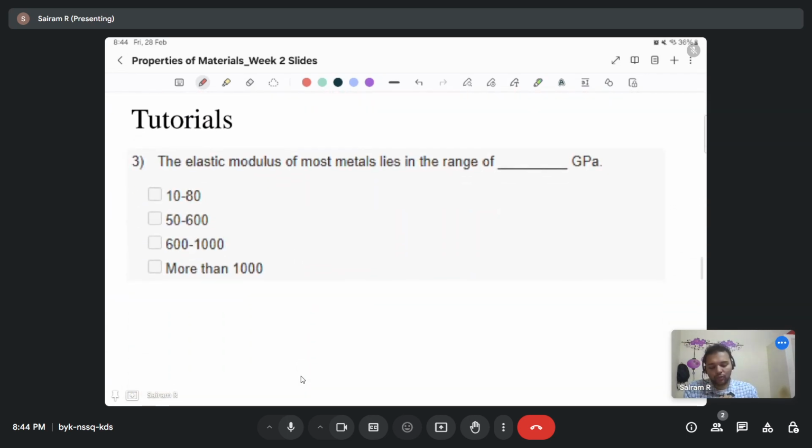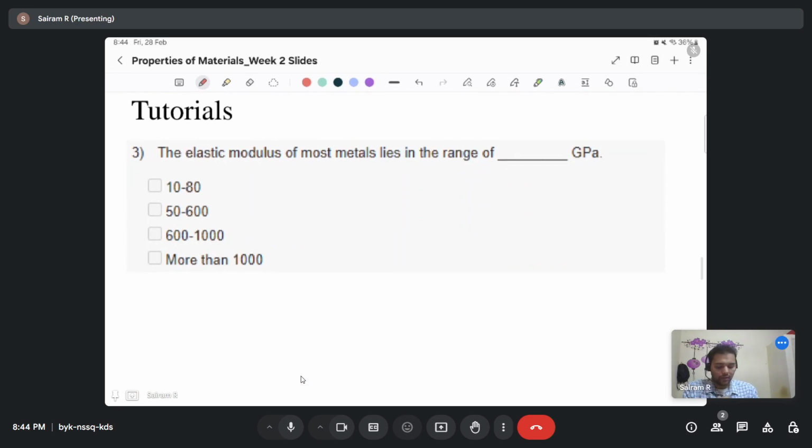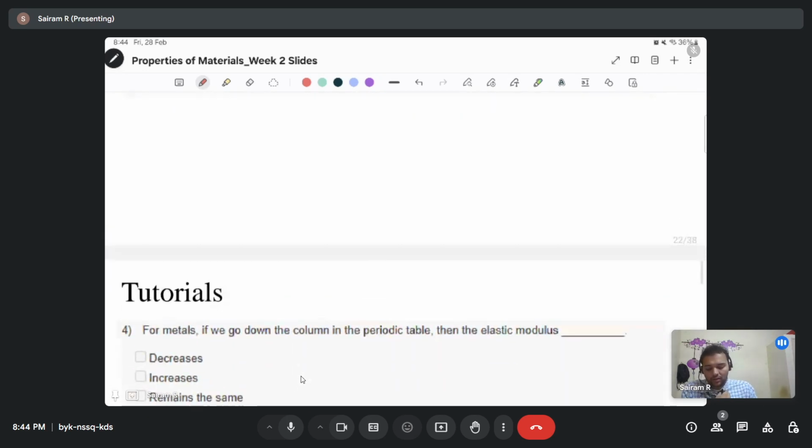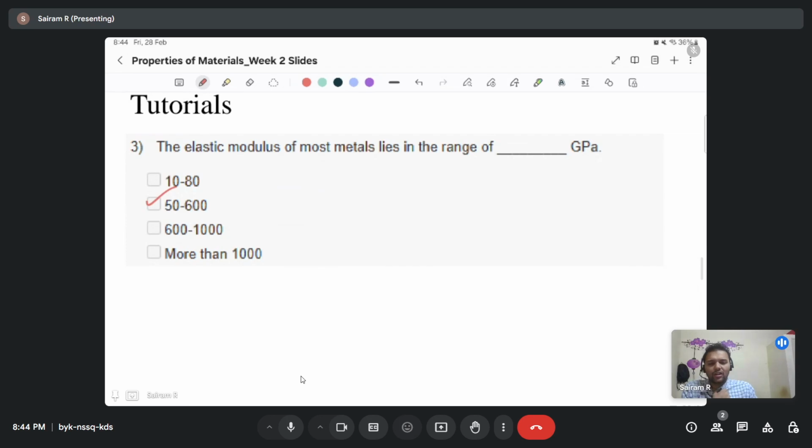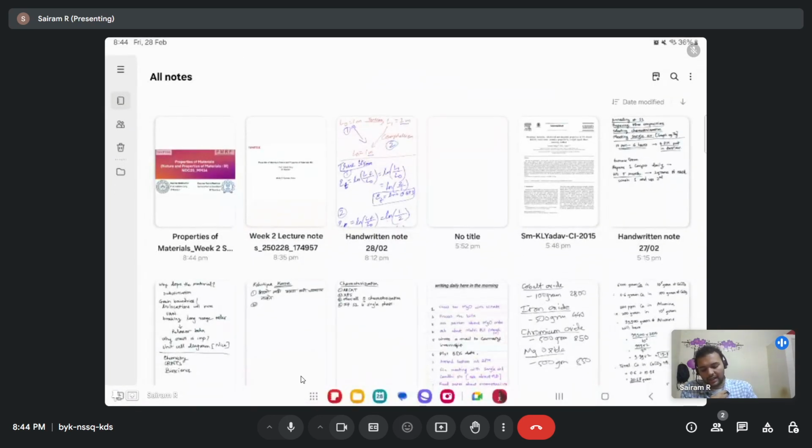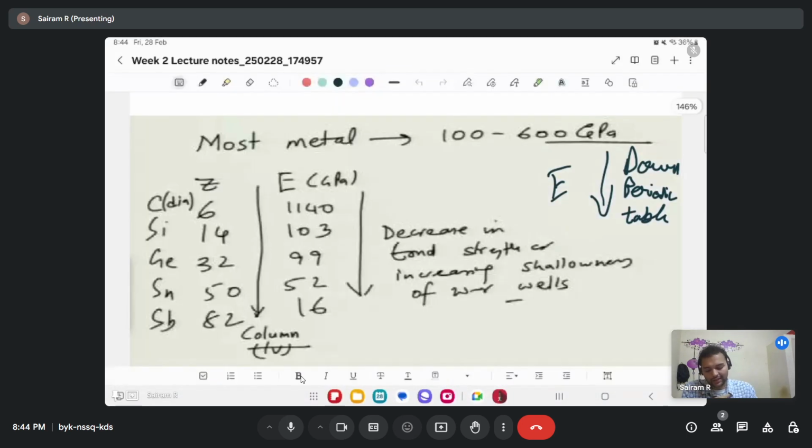The elastic modulus of most metals is in the range of 50 to 600 GPa. That is what we saw in the very last slide of the class.